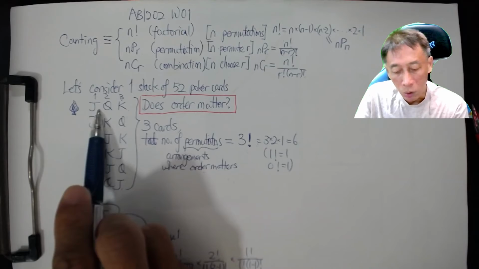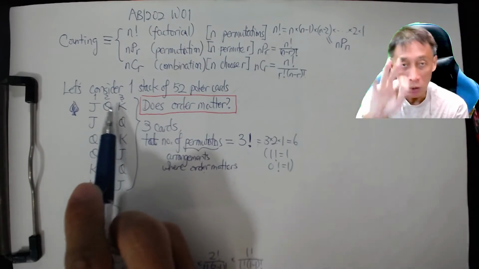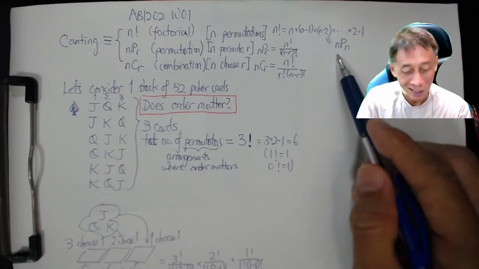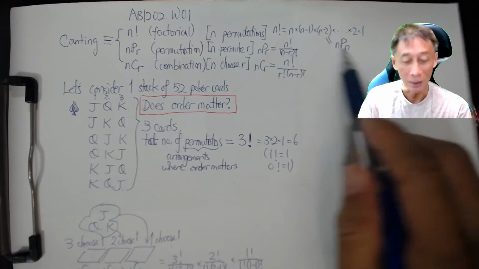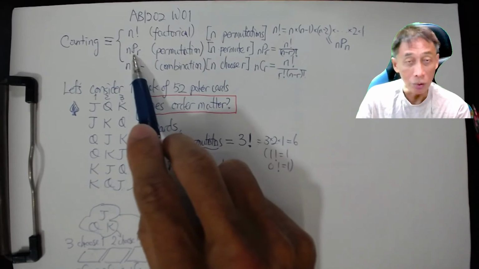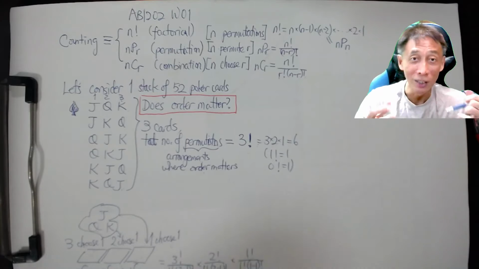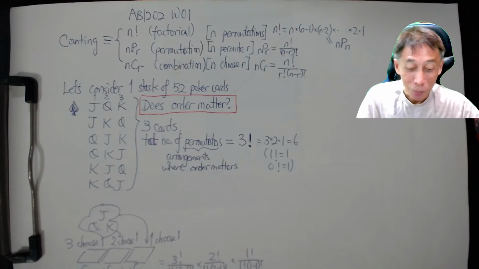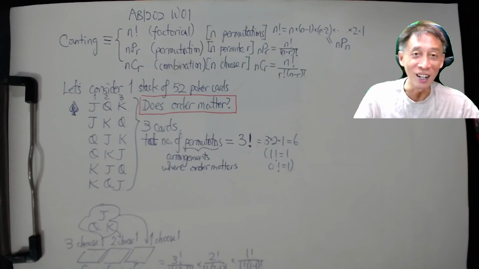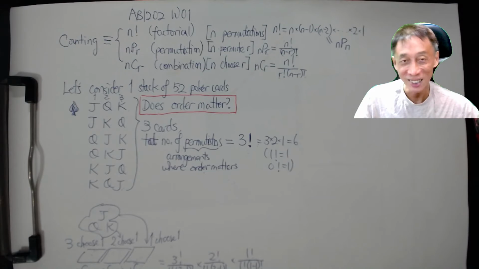I give you 3, you permute all 3. That's nPn. I give you n, you permute all n. That's n factorial. But permutation gives us the freedom to permute lesser than n. Now that's interesting.